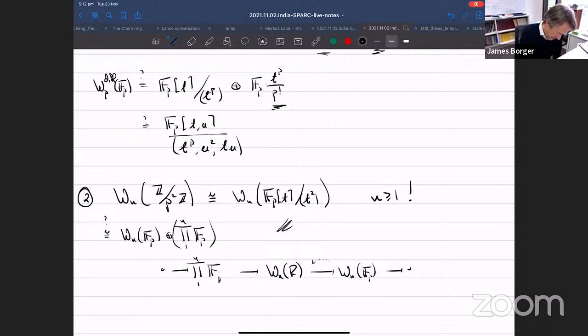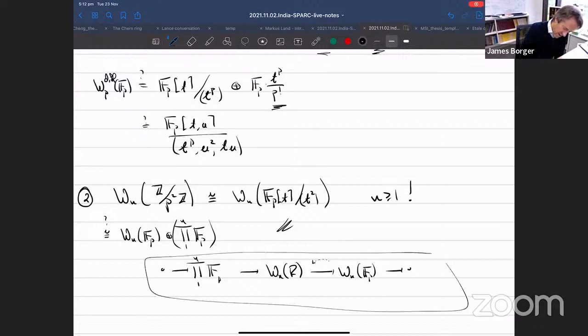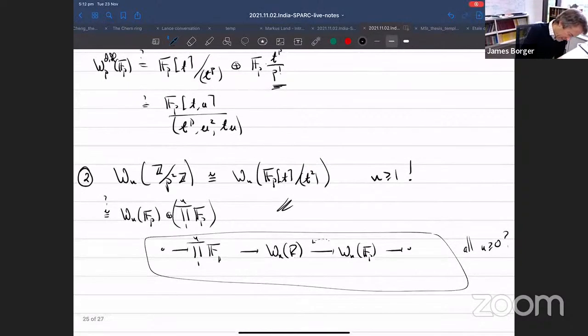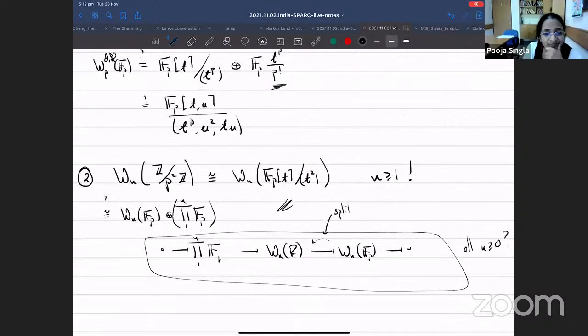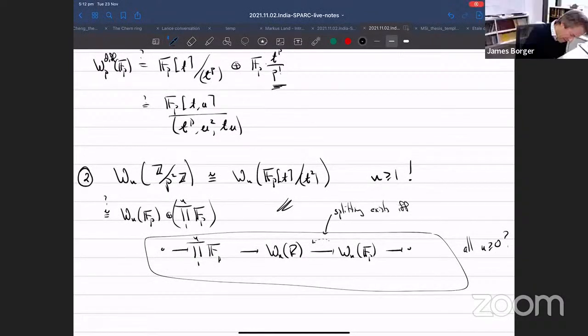But if n is 1, there is a splitting, I think. So this is true for all n, but the splitting exists if and only if n is not 0. So these are things I would have to check.